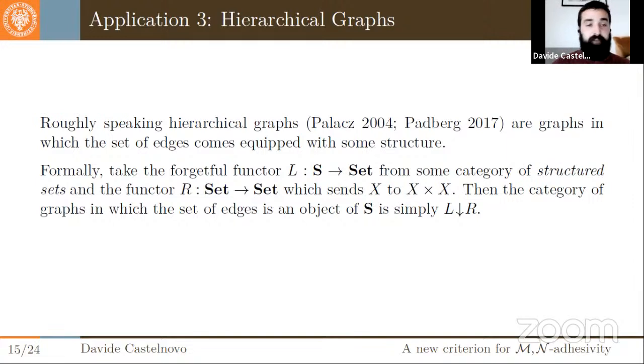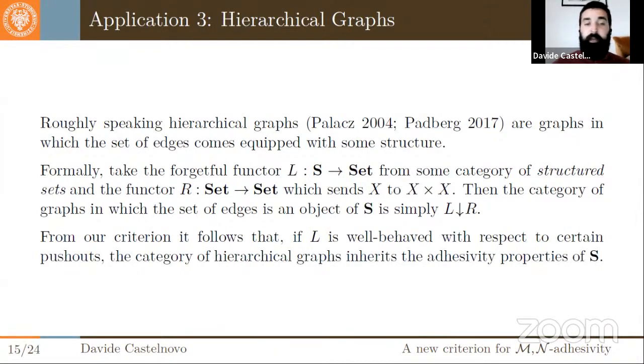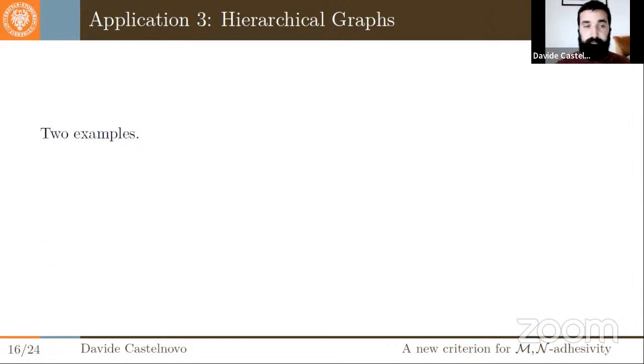Then the category of graphs in which the set of edges is an object of S is simply the comma category L over R. From our criterion, it follows that if L is well behaved with respect to certain pushouts, and S has some kind of adhesivity properties, then these adhesivity properties are inherited by the category of hierarchical graphs.